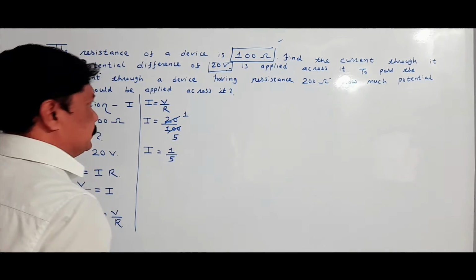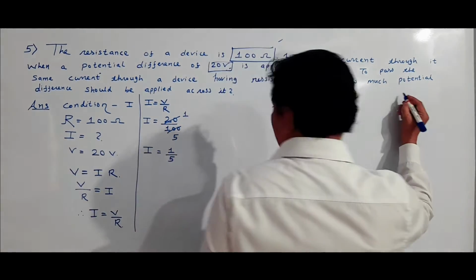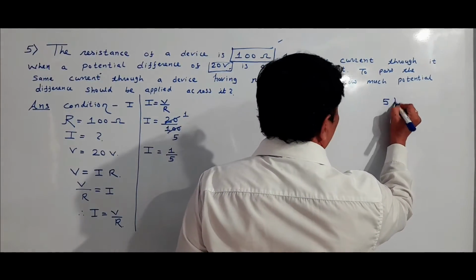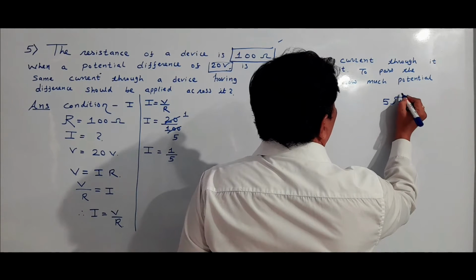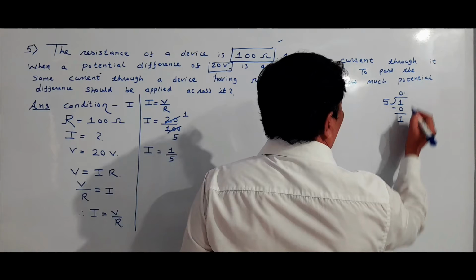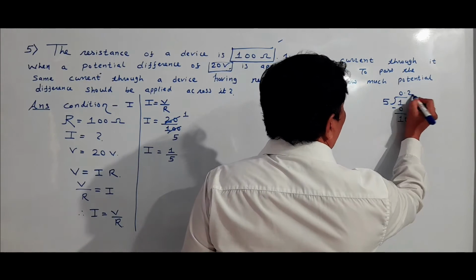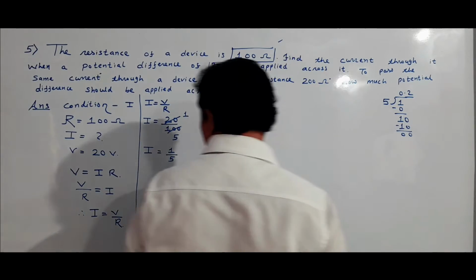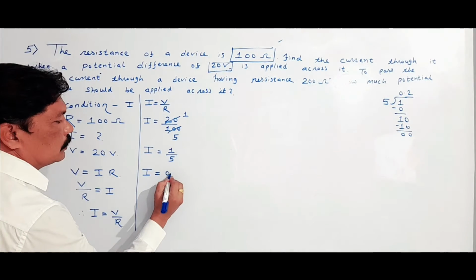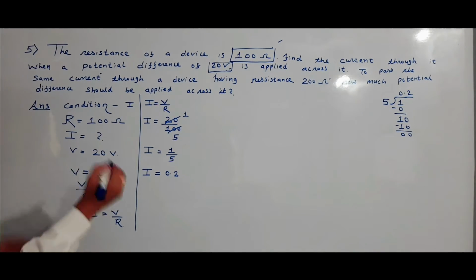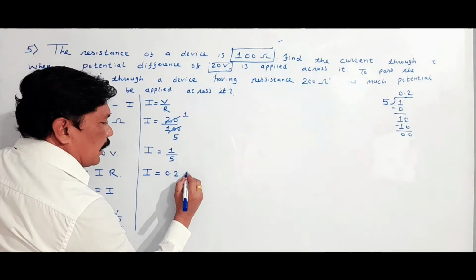We will divide and see. 5 0 the 0 minus, 1.0, 5 2 the 10, 0 0. I is equal to 0.2, and the unit for current is ampere.